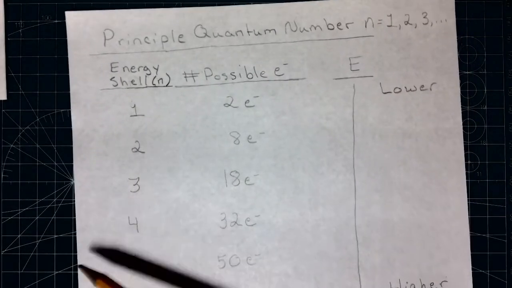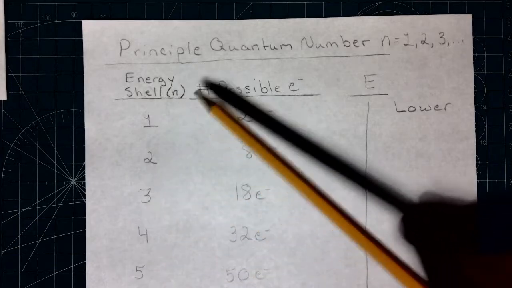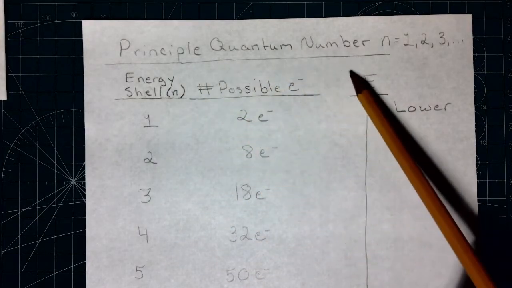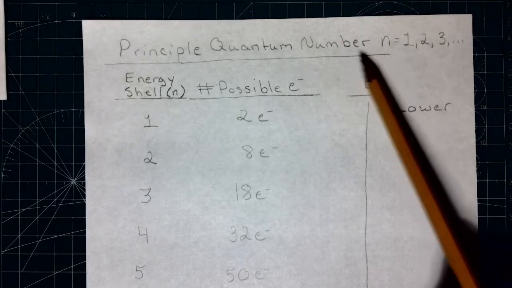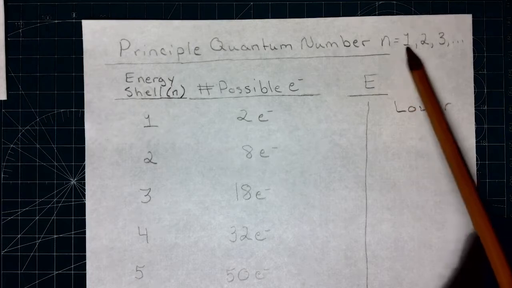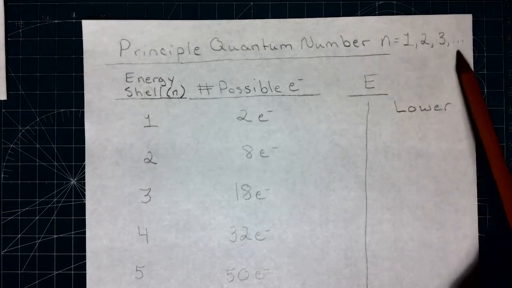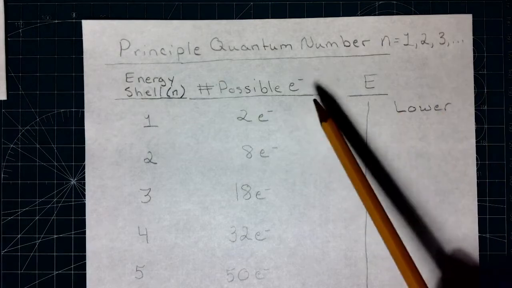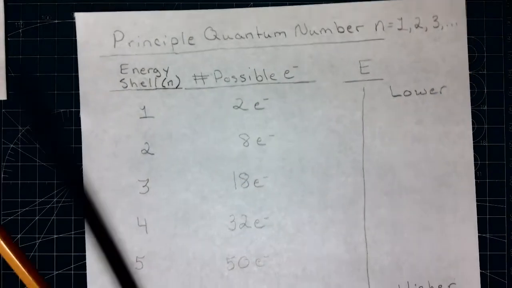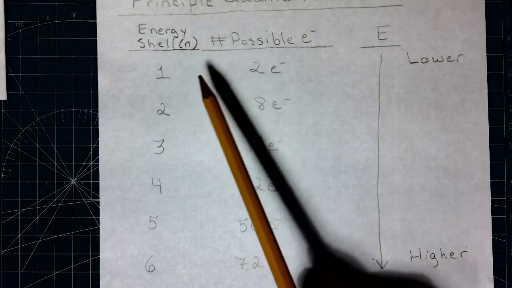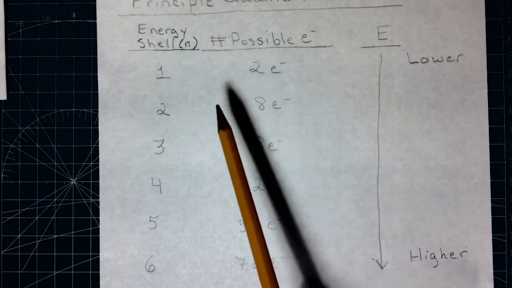So digging into a little bit more about the principal quantum number, the first thing to talk about is what are acceptable values for the principal quantum number. And this one's pretty easy. n is going to equal 1 or 2 or 3 or 4 or 5, on and on as we go up. And as we get into larger and larger energy shells, we're going to be able to fit more electrons in it.